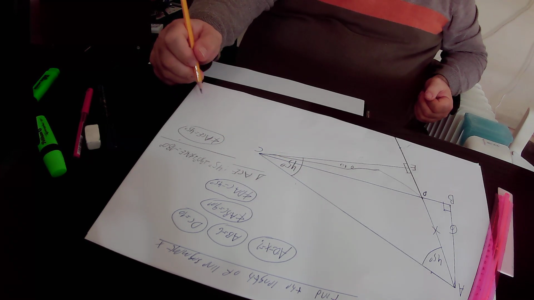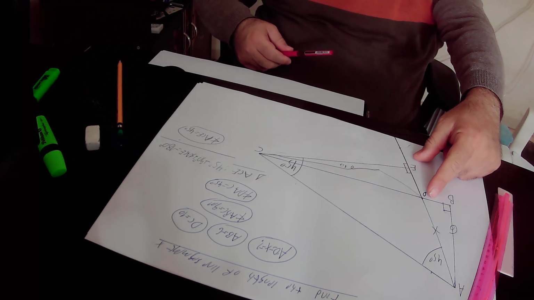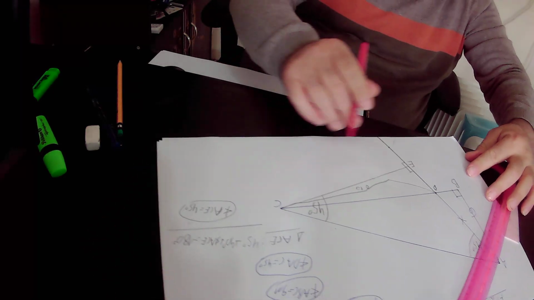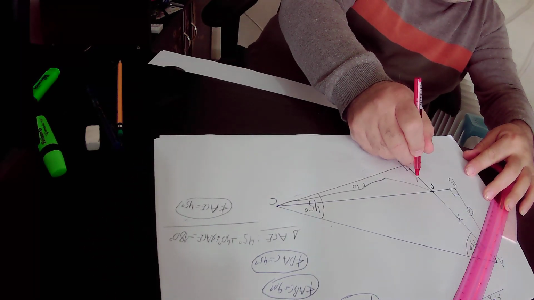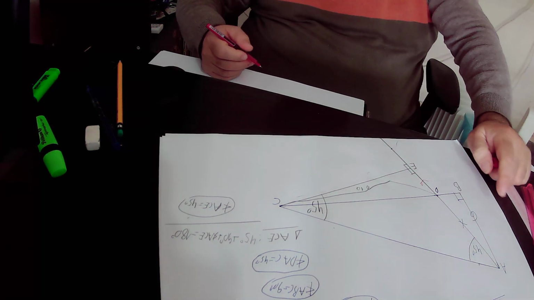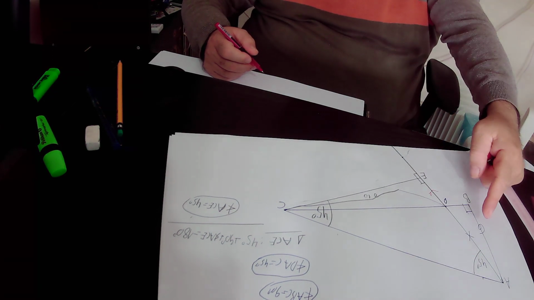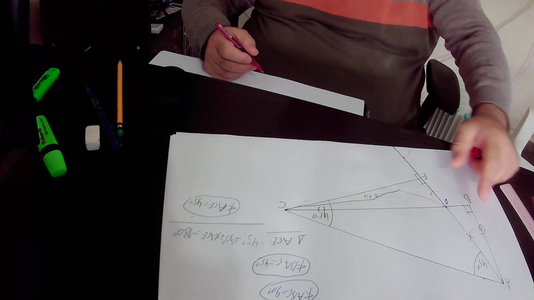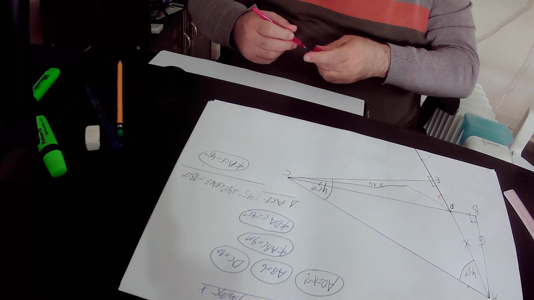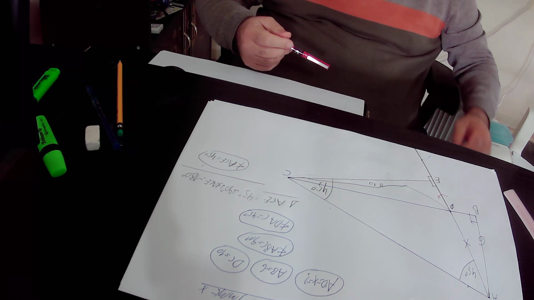In the next step, we will define line segment DE as Y. Therefore, side AE equals X plus Y. And here we know that in front of equal angles in the triangle, there are equal sides.